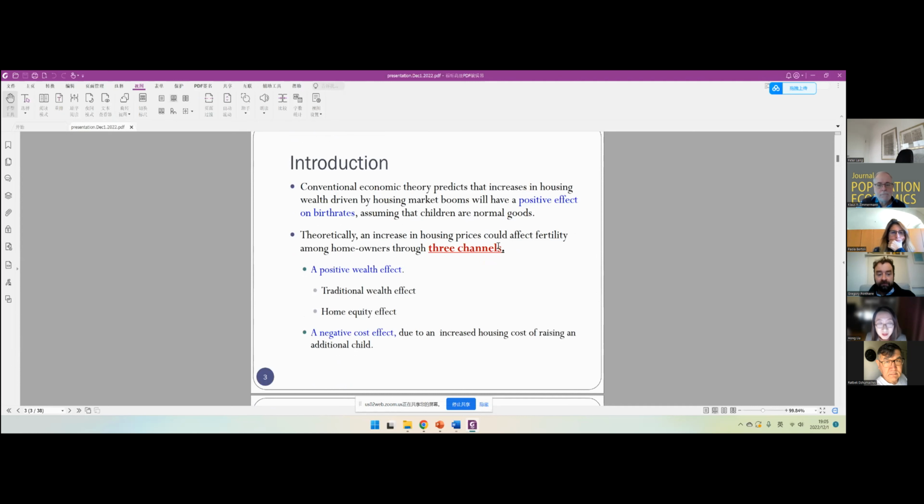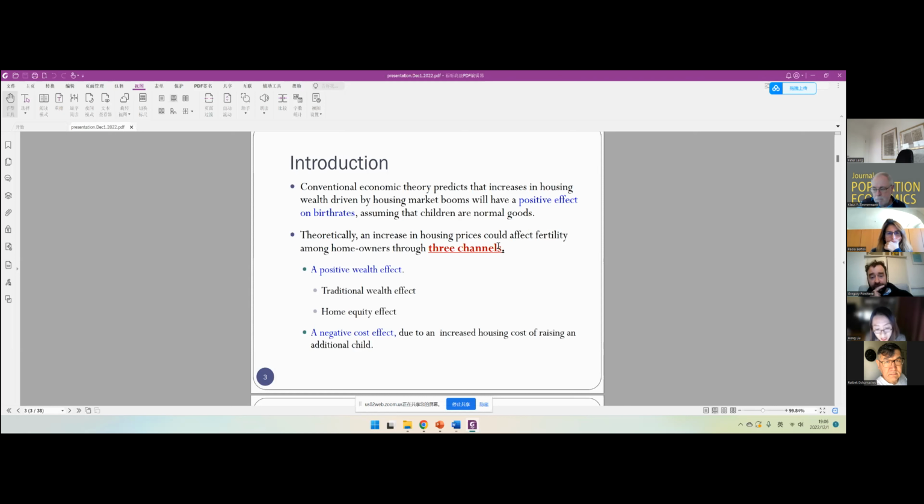Conventional economic theory predicts that increases in housing wealth driven by housing market booms will have a positive effect on birth rates, assuming that children are normal goods. Theoretically, an increase in housing prices could affect fertility among homeowners through 3 channels.